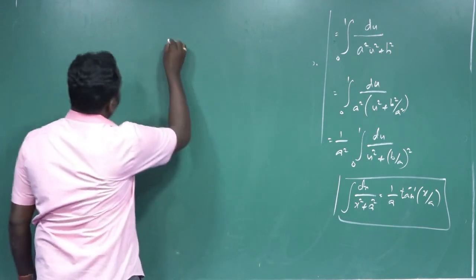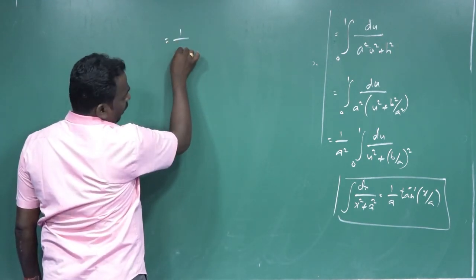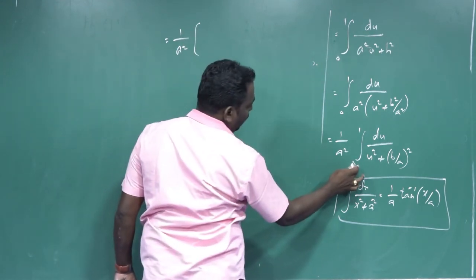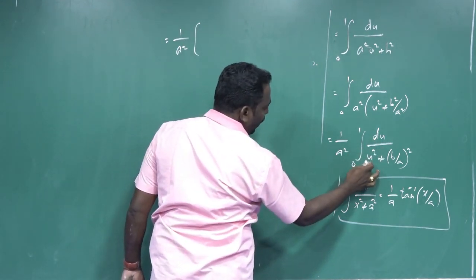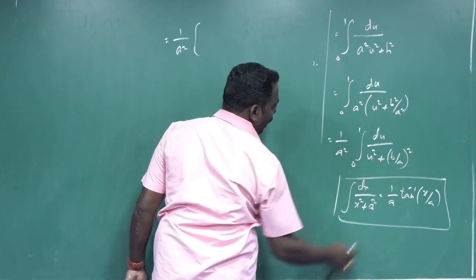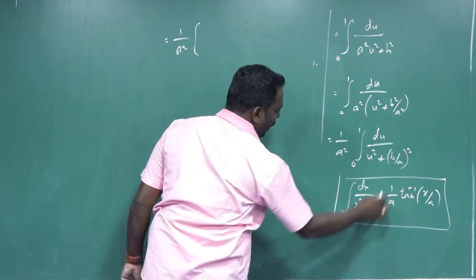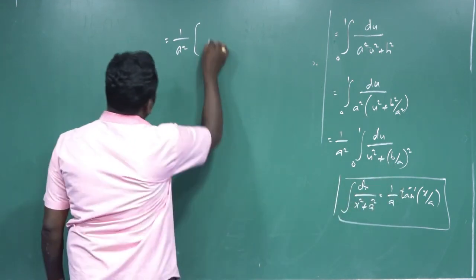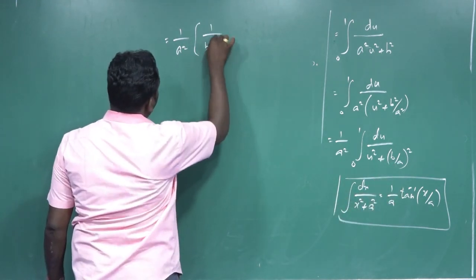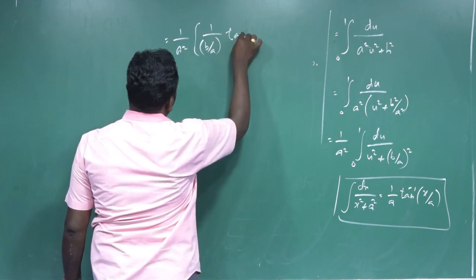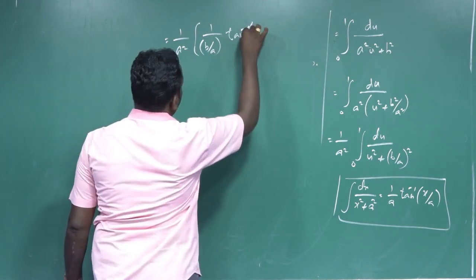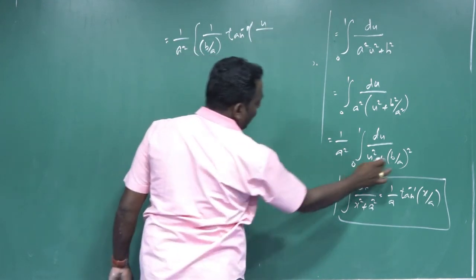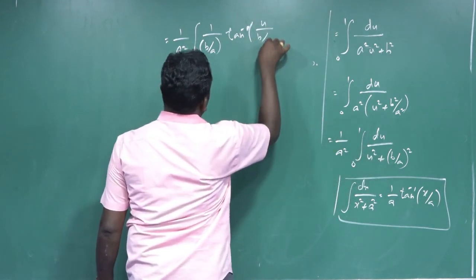Next line, that is equal to 1 by a squared as it is, the integration of du by u squared plus b by a whole squared. We can write 1 by a as b by a, so 1 by b by a, and tan inverse of x, which is u, by a, which is b by a.